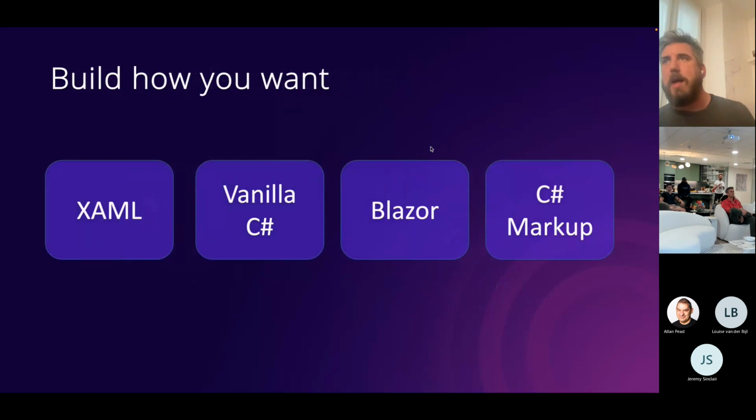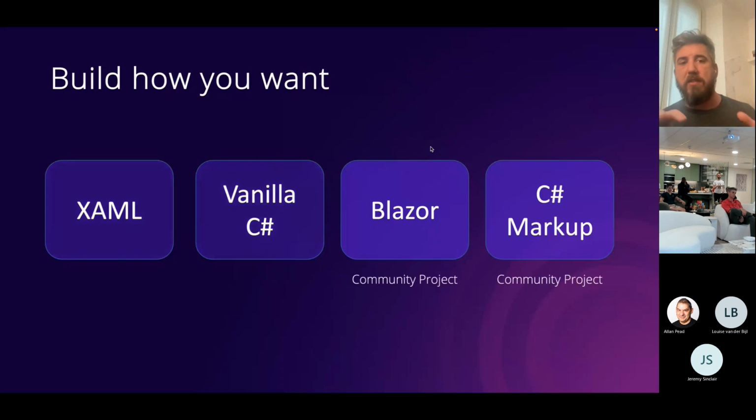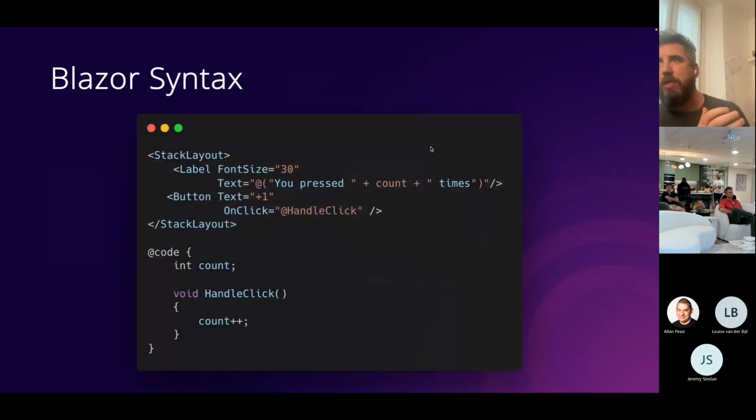So in terms of building your UIs, you have a couple of options. XAML and vanilla C# are the norm. Most people are using XAML, but you can use C# or VB.NET or F#. It doesn't matter. If it's .NET, it will work. You also have some community projects which enable you to use Blazor syntax as well as C# markup, if that's more your thing.